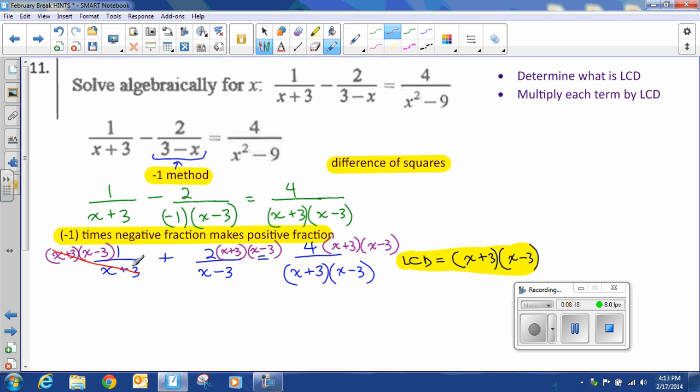X plus 3 cancels with x plus 3, x minus 3 cancels with x minus 3, and both of these cancel out, leaving x minus 3 plus, let's distribute this, we have 2x plus 6 equals 4. And I will let you finish this one up.